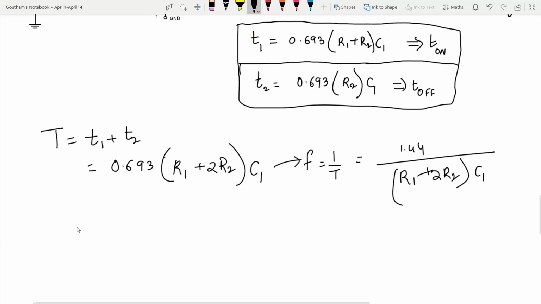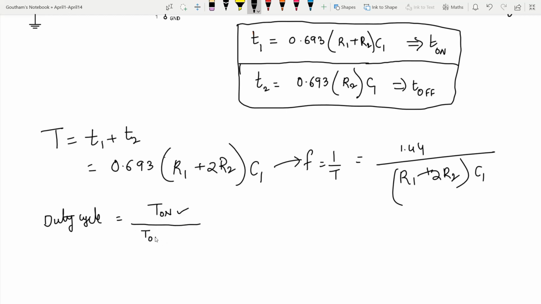There is one more jargon that we have to introduce, that is duty cycle. Duty cycle is the amount of time that the square wave is on compared to the total time period, that is T on plus T off, and duty cycle is always given in percentage, so you multiply with 100%.